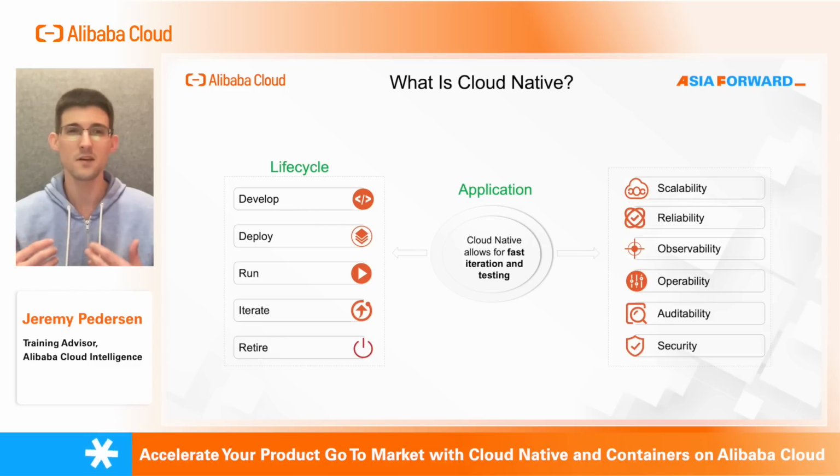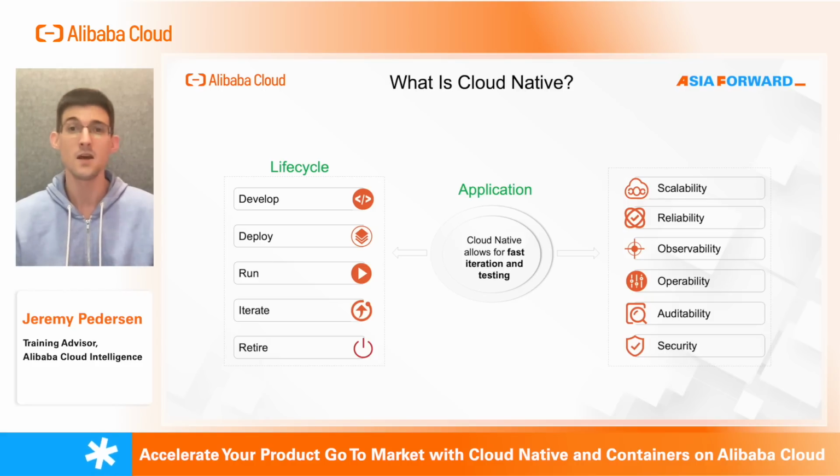So what is cloud native exactly? Again, it's a way of deploying and managing applications. So really it's about managing the application lifecycle from development through to deployment and then running, iterating, and eventually retiring your applications. And during that entire application lifecycle, the cloud native approach is geared toward getting the most value for your time and money out of a public cloud platform. It could be Alibaba Cloud, it could be another public cloud.